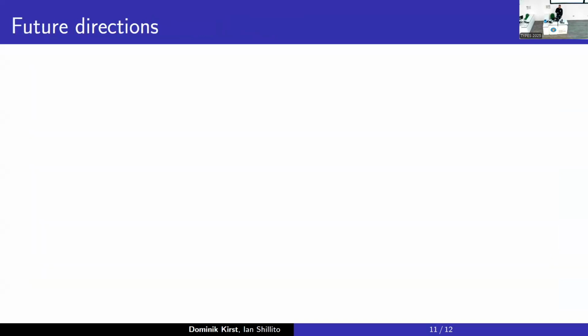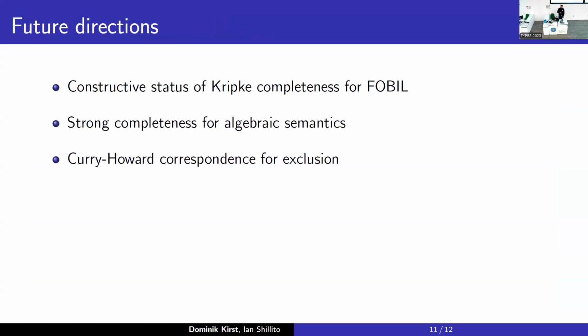And with this, I conclude by saying that this is still some ongoing effort, and maybe at next year's TYPES, Ian will be here and explain what we found out in the meantime. The thing we crucially want to understand is what the constructive status of the Kripke completeness proof actually is, because I have a feeling it might be full excluded middle, but on the other hand, it would be a bit surprising.